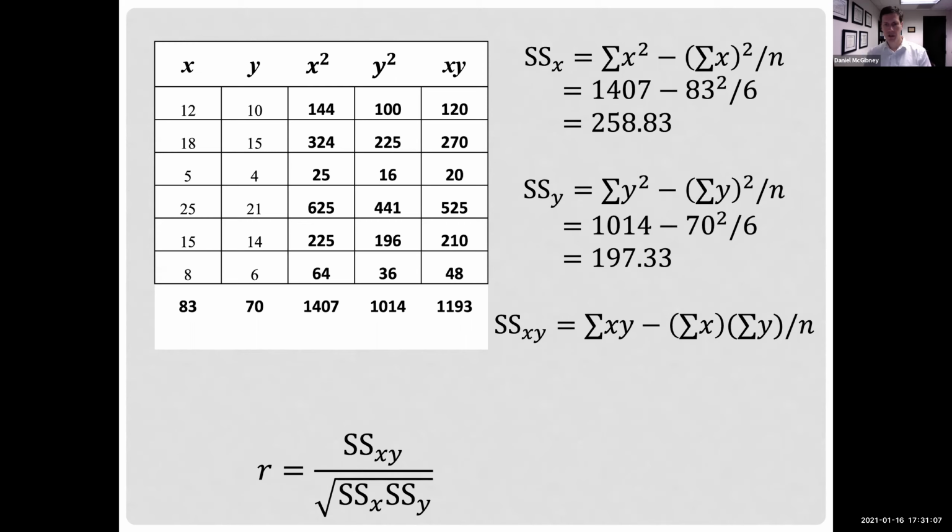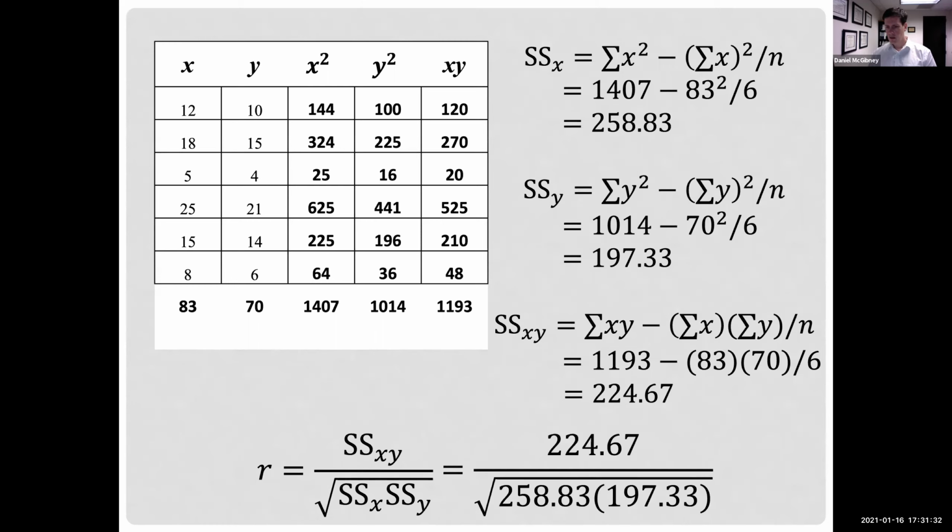Lastly, we do the sum of squares of xy. We plug in 1193 minus 83 times 70 divided by 6, and we get 224.67.